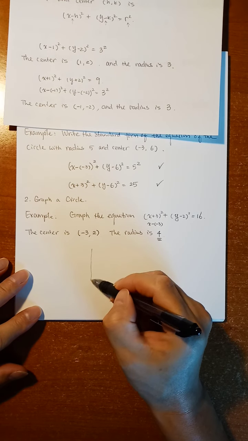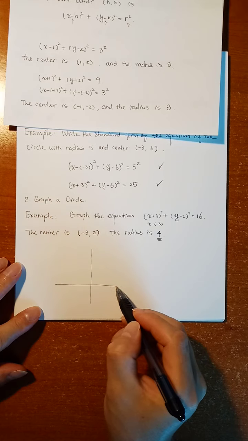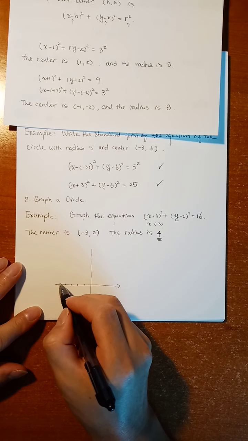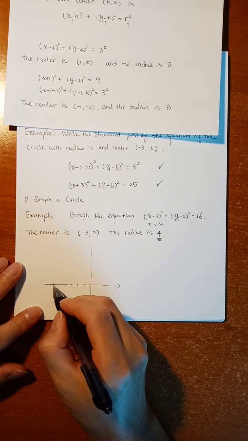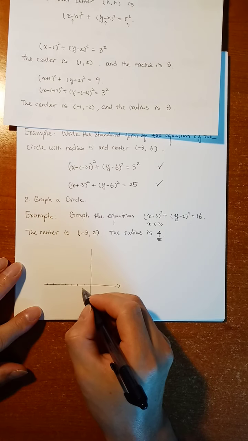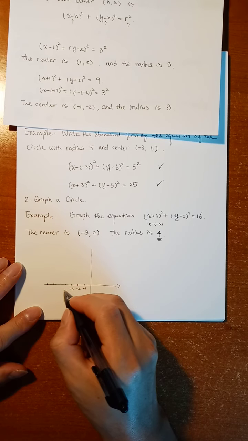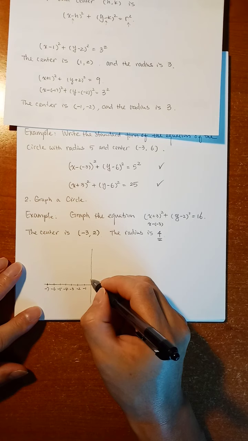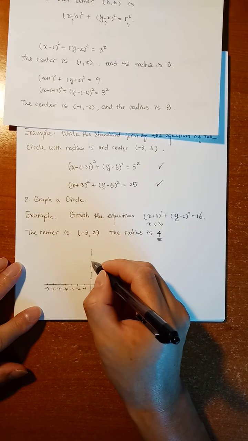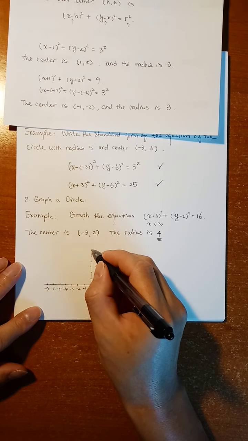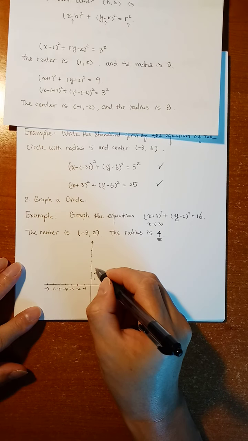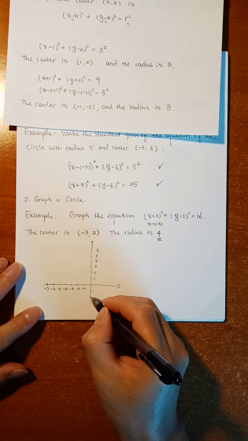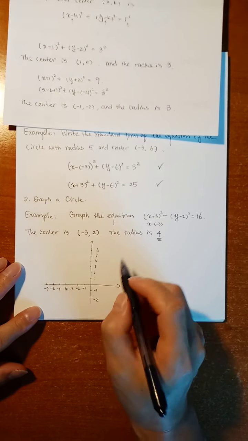Negative 3, 2. Let's label the axes: 1, 2, 3, 4, 5, 6, 7. Negative 1, negative 2, negative 3, negative 4, negative 5, negative 6, negative 7. Where is the center?